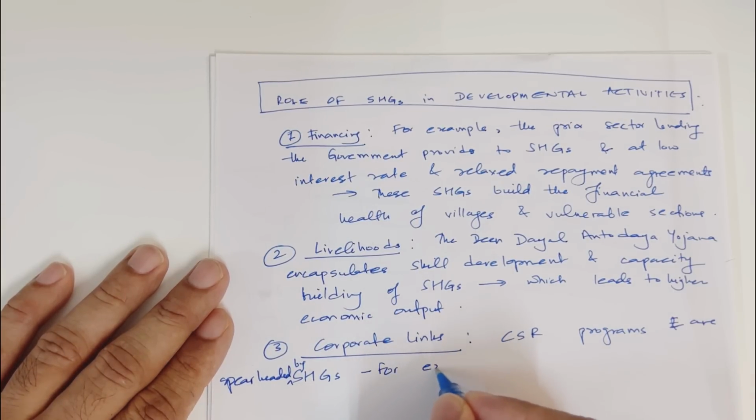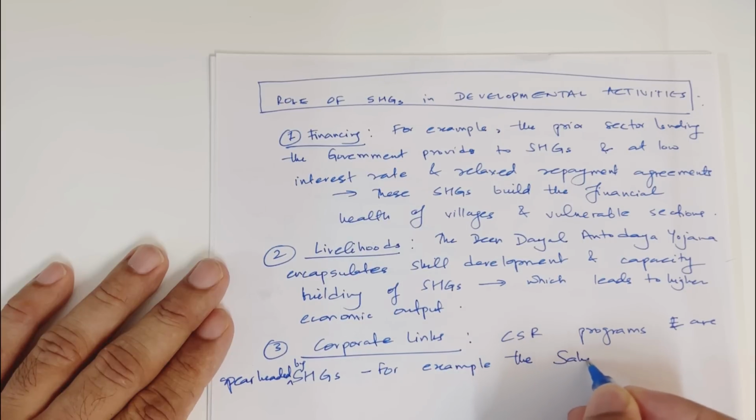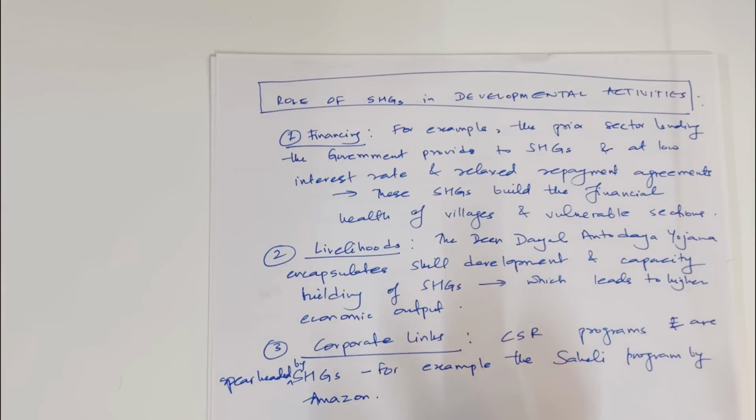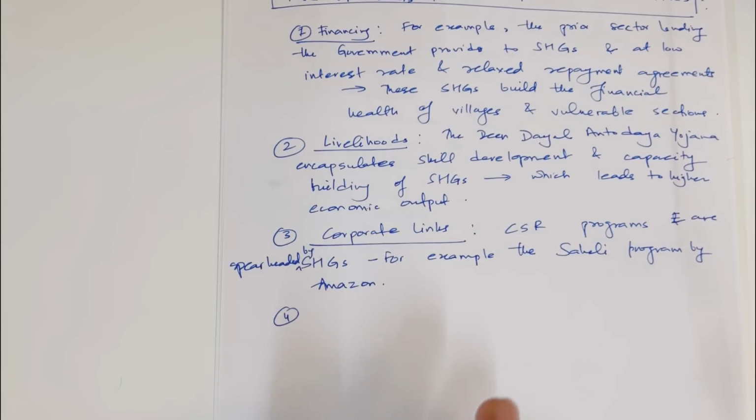For example, the Saheli program by Amazon. Now see, this is self-explanatory, so you don't have to go into detail. You've given such a good example that it is pretty much filled.